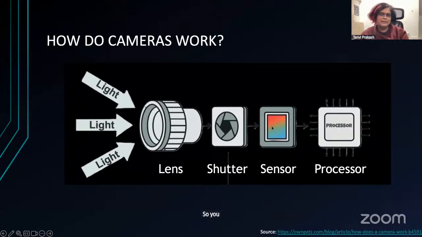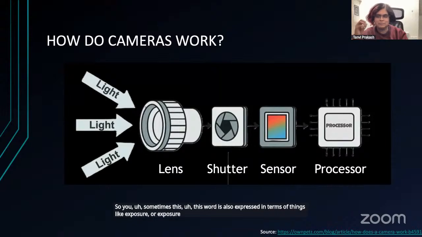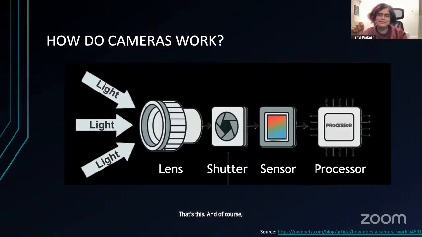Sometimes this is also expressed in terms of things like exposure or exposure time. And of course, the lens has certain terminologies associated with it, like focal length and chromatic aberrations, all these things.